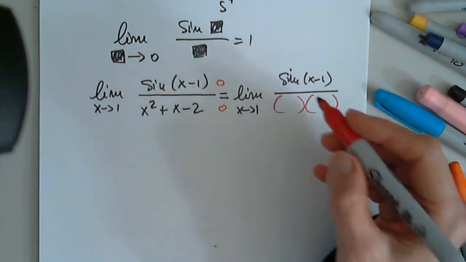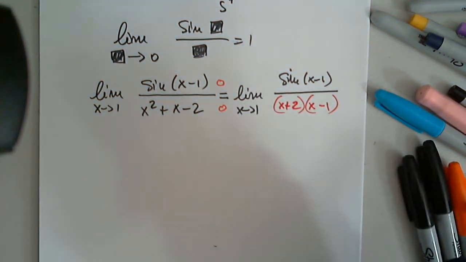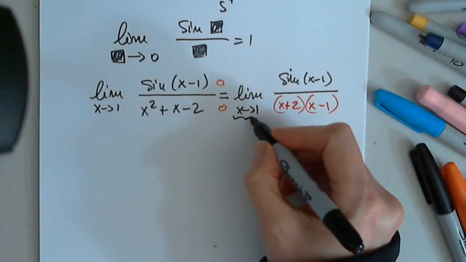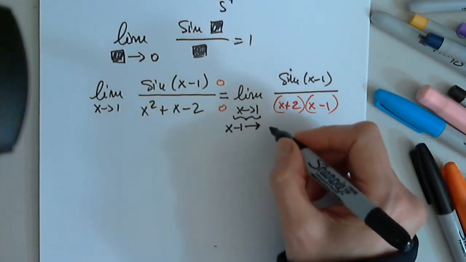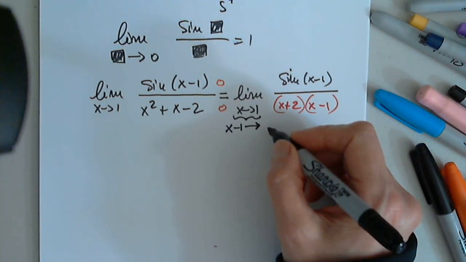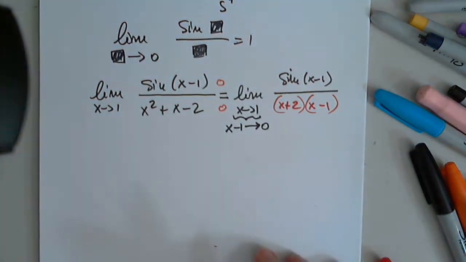This could be x plus 2, x minus 2. You mean x minus 1. Or x minus 1. Excellent. So now here's the next step. We have to understand that x approaches 1 really means x minus 1 approaches 0. Good.